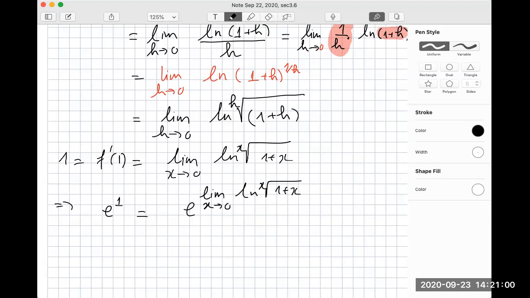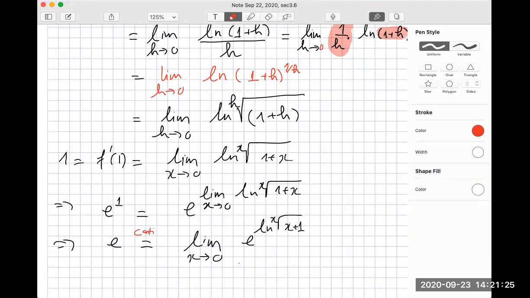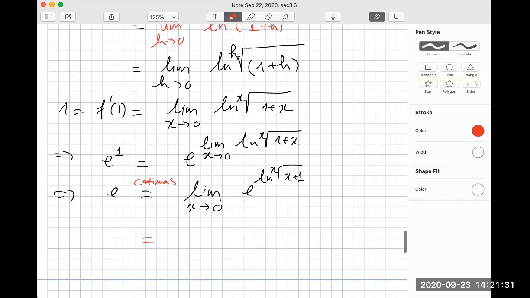It tells us that the left-hand side is e, and the right-hand side should be equal to the limit of e to the ln of the x-th root of x plus 1, from the continuity rule. And e to the ln gives us the limit when x approaches 0 of the x-th root of 1 plus x. This is the true form of e in terms of a limit.